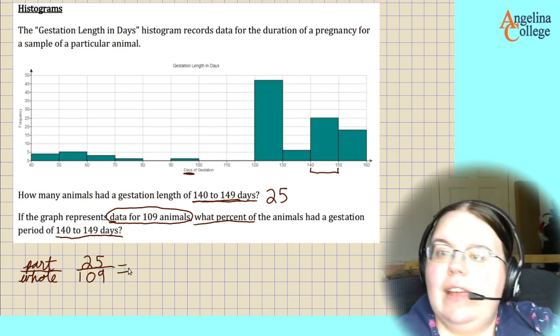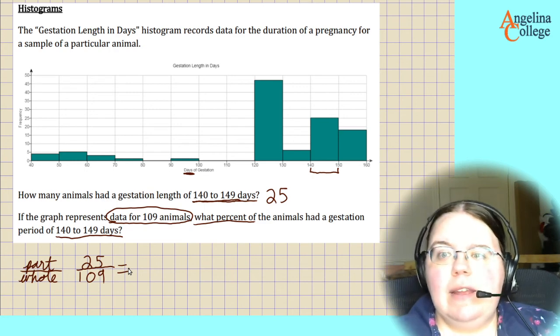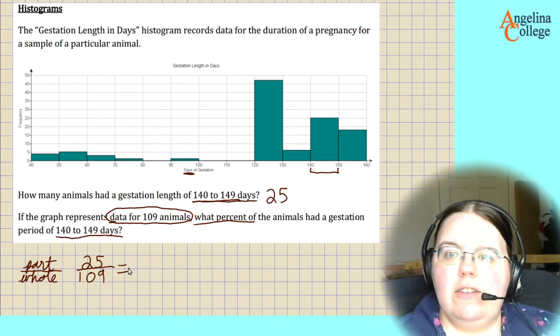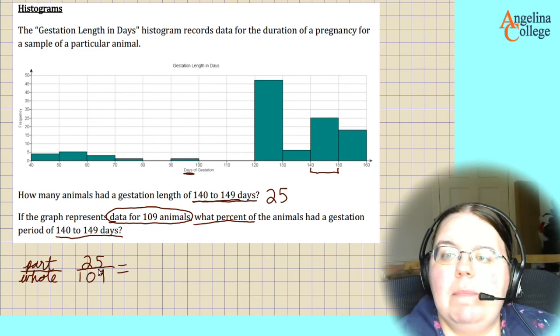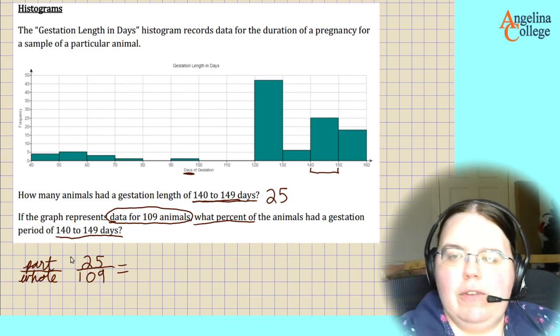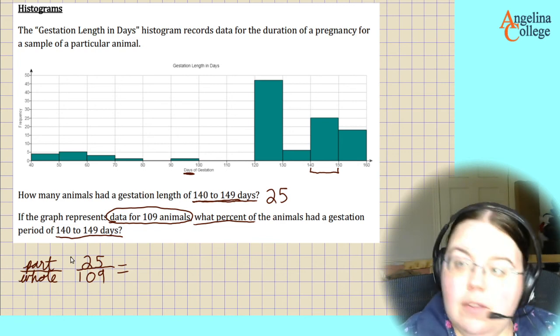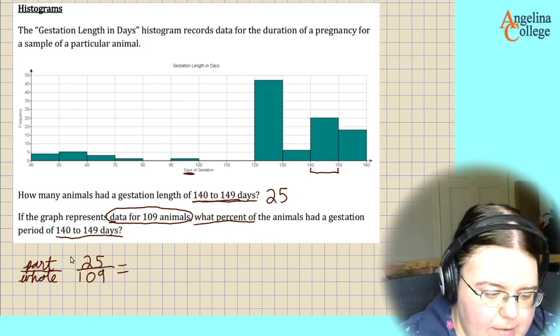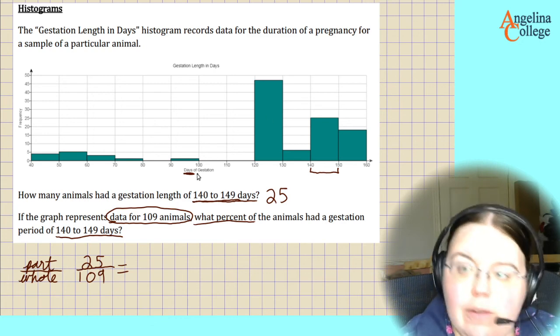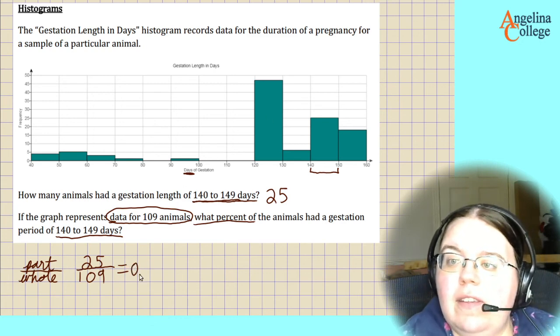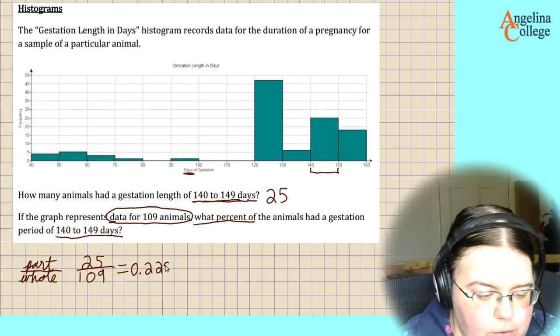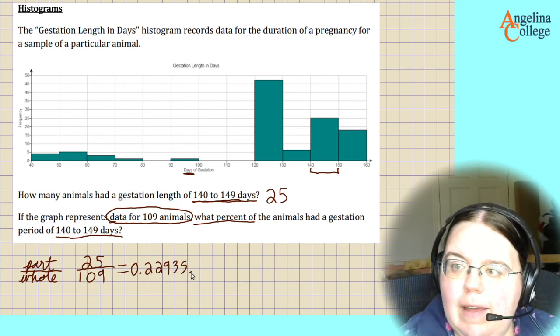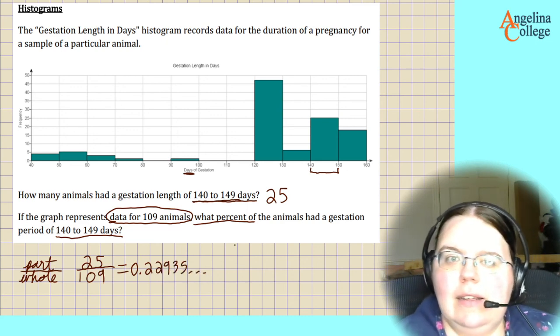and then we can grab our calculators and divide that. I'm expecting it to be just a little less than 25%, by the way, because I noticed that it's just a little bit bigger group than 100. So now I hit 25 divided by 109 into my calculator, and my calculator says that that's 0.22935 and so on.